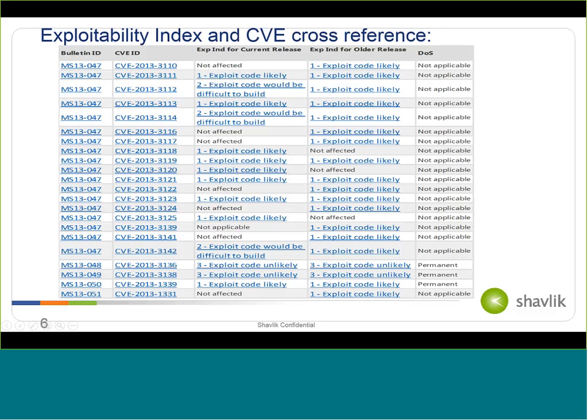This next slide, I usually provide this just to give people a cross-reference showing the breakdown of the bulletin ID to CVE ID. Microsoft also likes to give the Exploitability Index, which basically gives you an idea of how likely and how easily this vulnerability could be exploited.